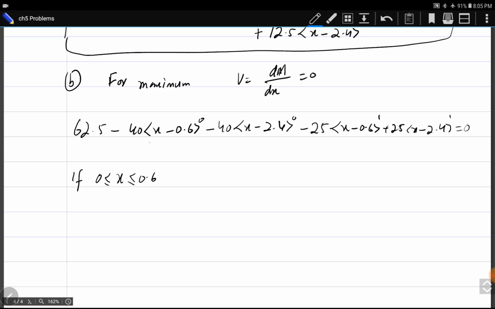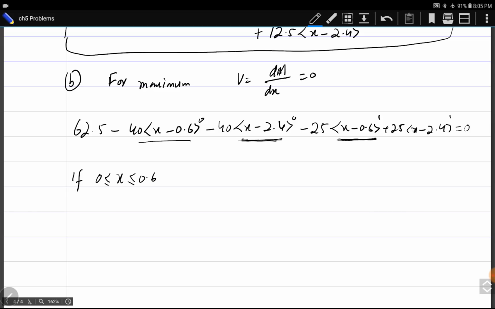when x is 0.6, this term becomes 0, no problem. When x equal to 0.6 in this term, it becomes x minus 2.4, which is negative, and we will neglect the negative terms. So this term will be omitted. If we put x equal to 0.6 in this term, it becomes 0.